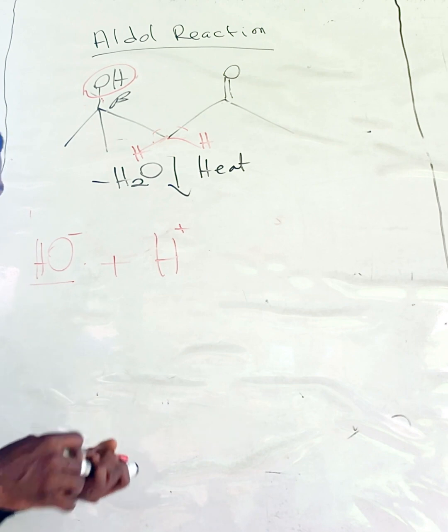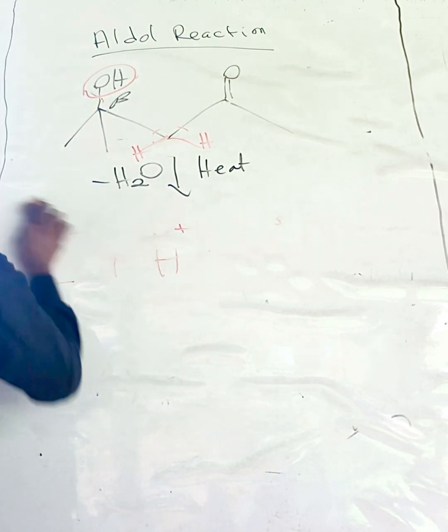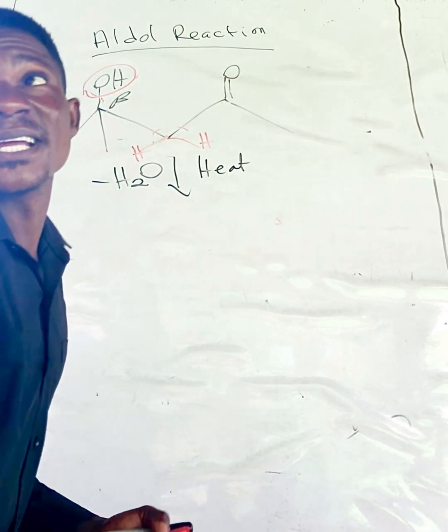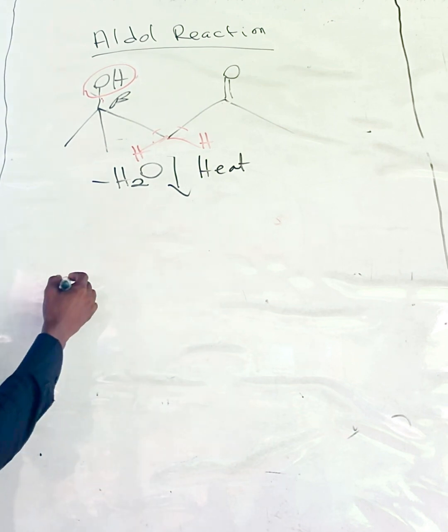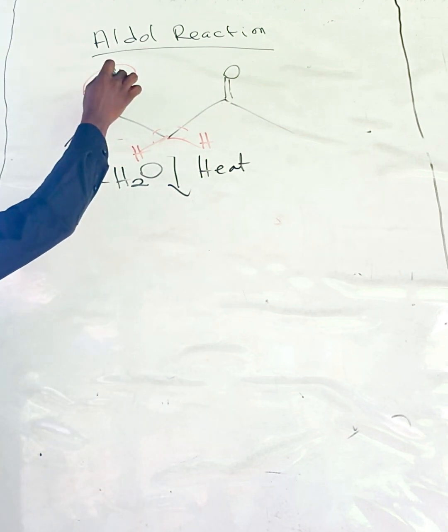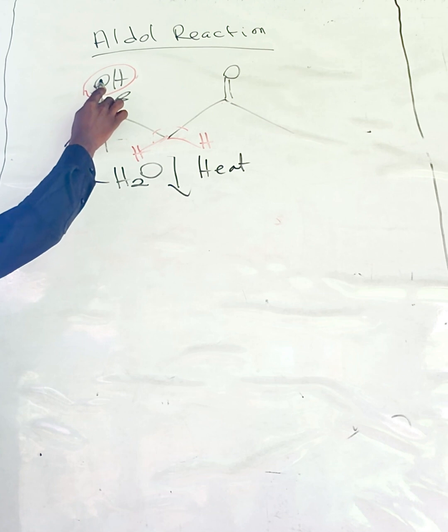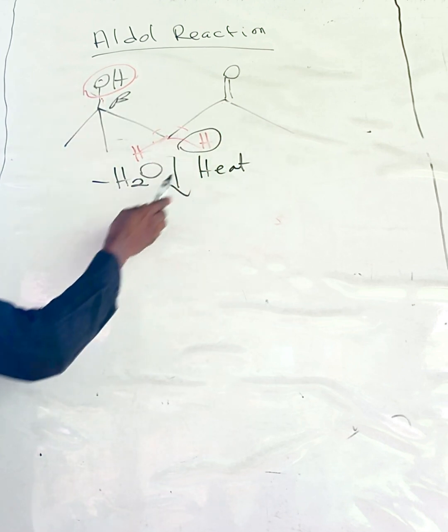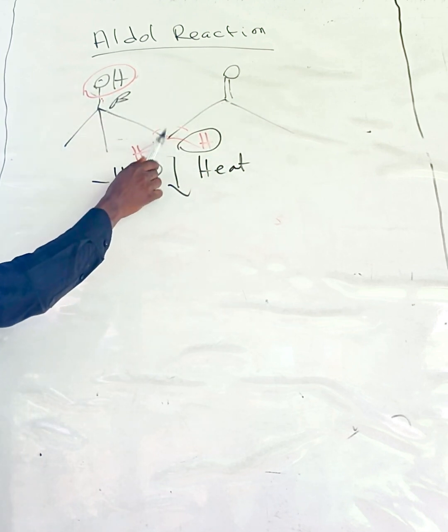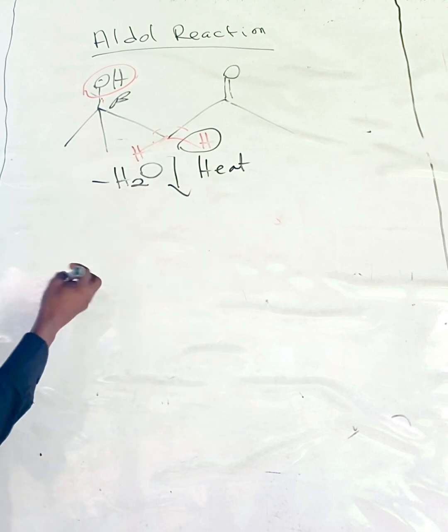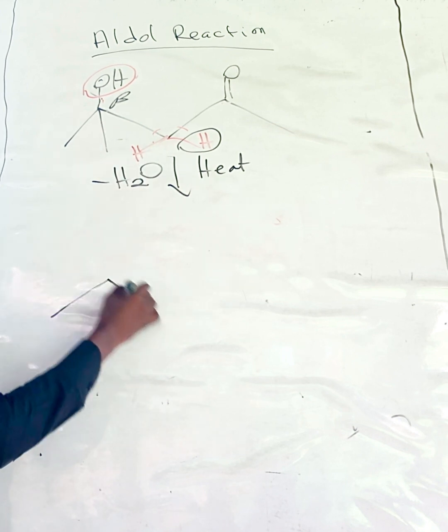All right, good. Let's see how it's going to look. We have abstracted our OH in addition to one of the hydrogens in between the two functional groups here. When that happens, we end up having a product like this.